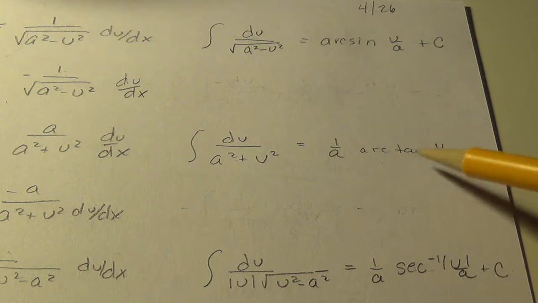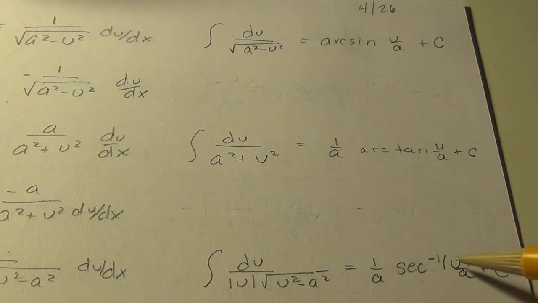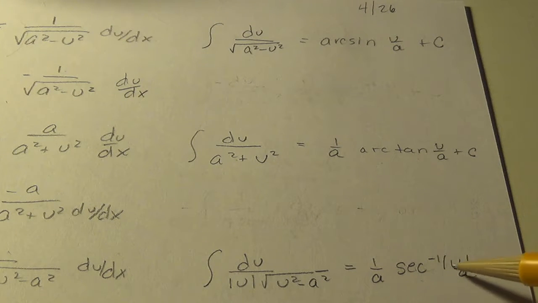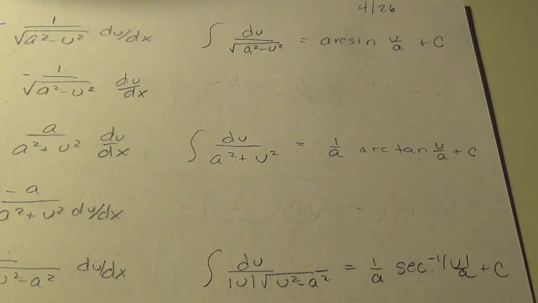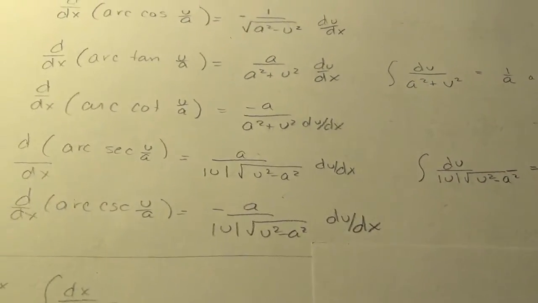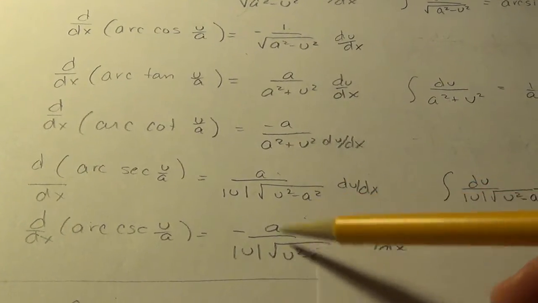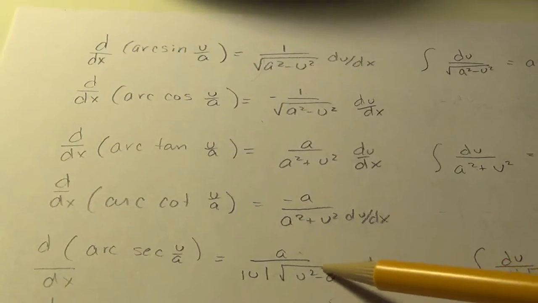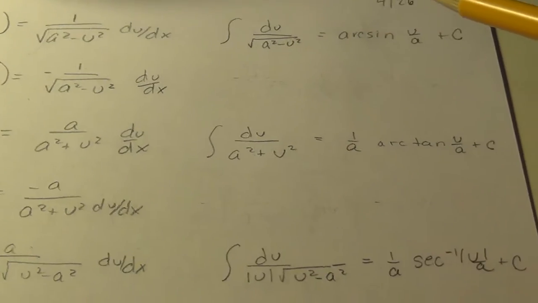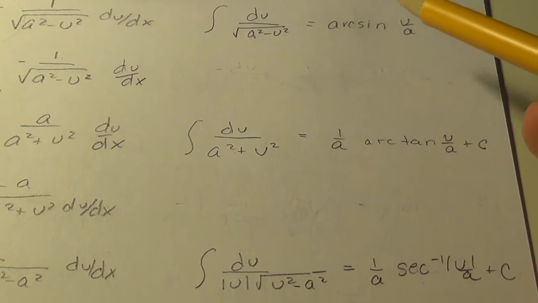Notice you can write it as arctangent or secant inverse. Absolute value u over a plus c. Alright. Arc cosecant, because its only difference is the sign, a negative sign, we'll go ahead and just use this version.